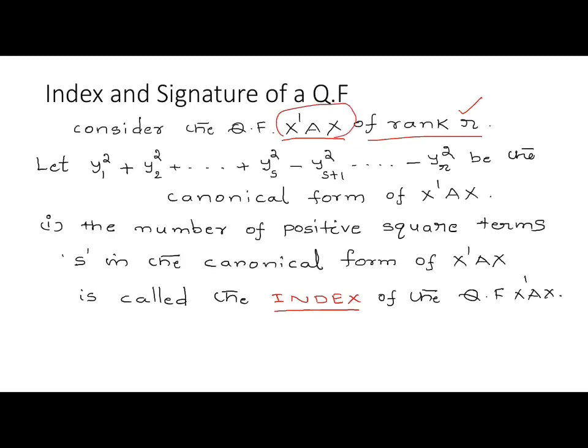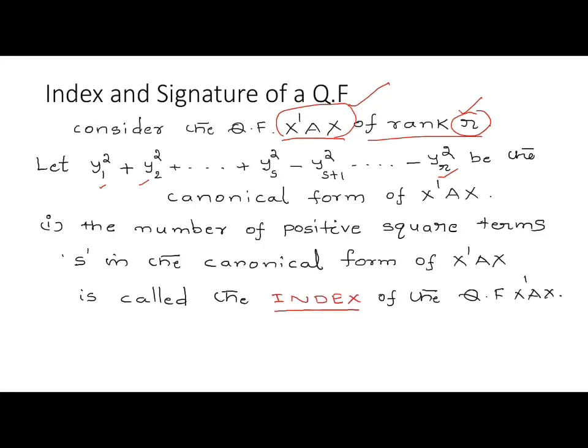That means it will have only square terms, and rank R means the total number of terms is R. That means the canonical form of x transpose Ax is y1 square, y2 square, and so on, up to yr square.